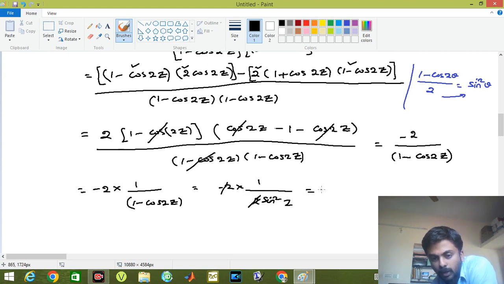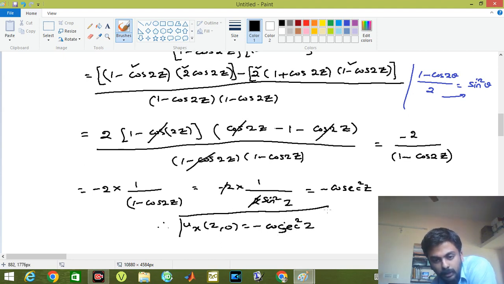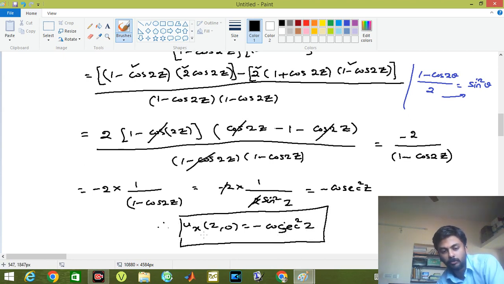So we will have minus cosecant square z. Therefore ux of z comma 0 equal to minus cosecant square z. So this is our ux of z comma 0.